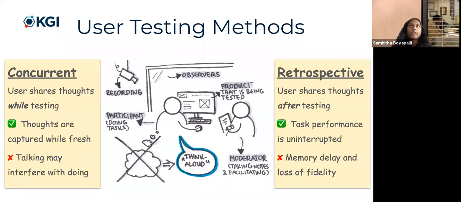Whereas with concurrent, throughout it, you're able to give your thoughts and opinions and give a more accurate response, whereas with retrospective you're relying more heavily on how you thought after the experience. So that's why I chose both, but I know you said one.